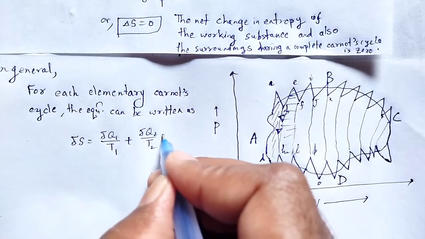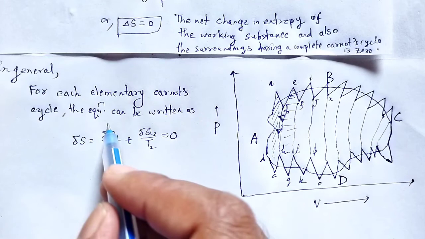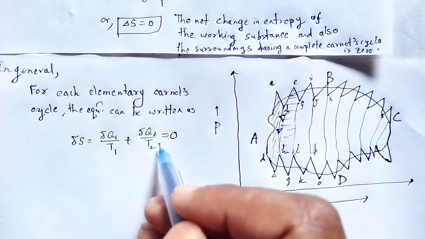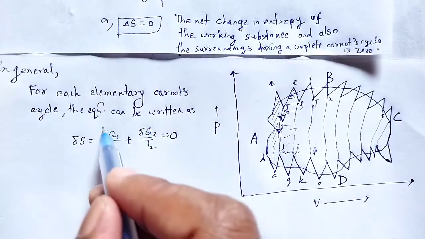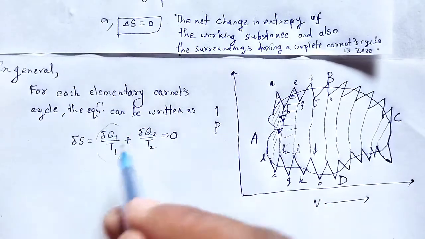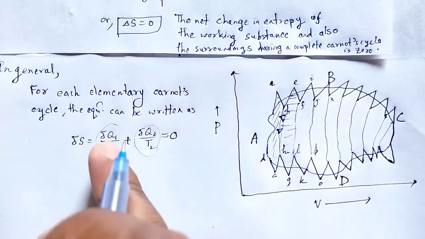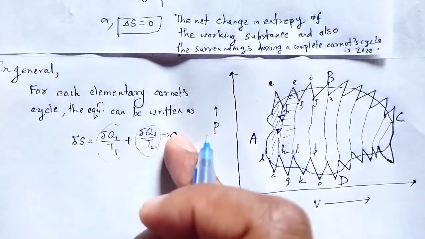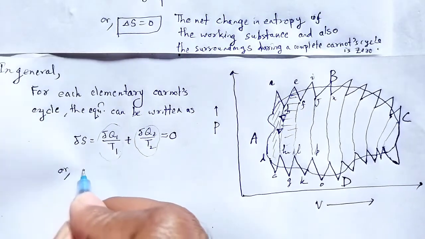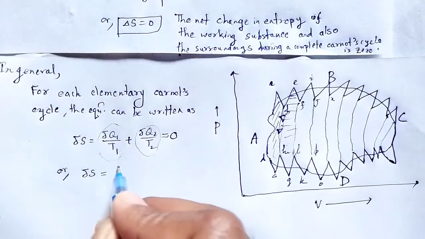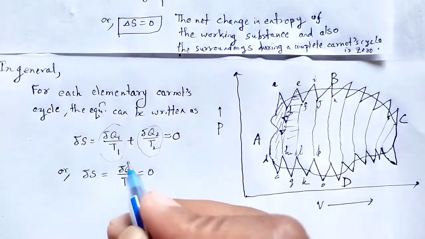That will be how much? That will be 0, since one is absorbed and another is rejected, one is an increase and another is a decrease. In case of increase I use the positive sign, in case of decrease I use the negative sign. As a whole the result will be 0, or we can write del S is equal to del Q by T is equal to 0.